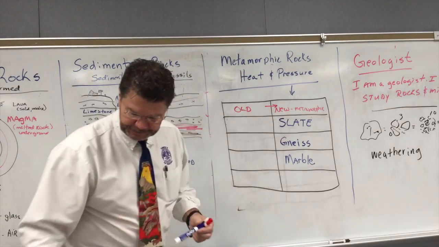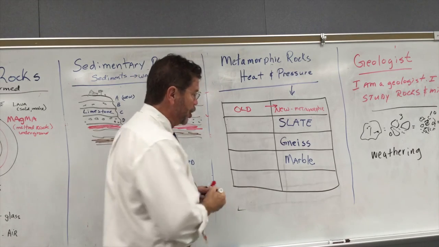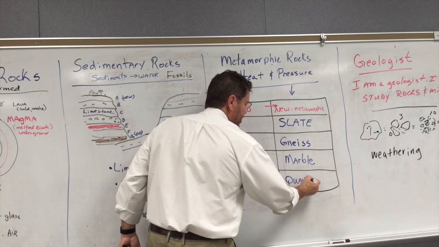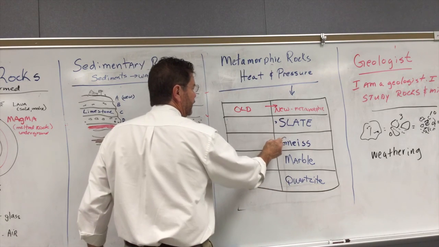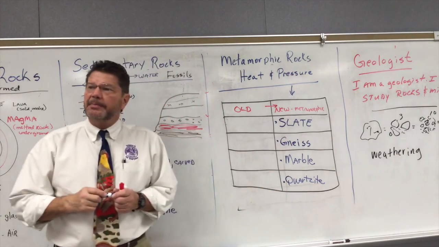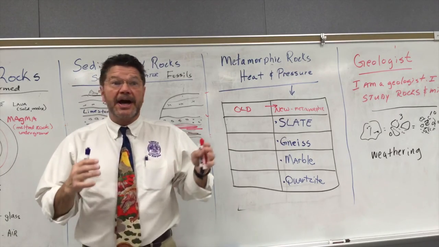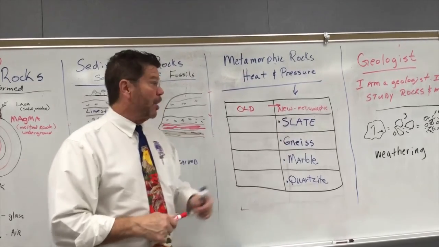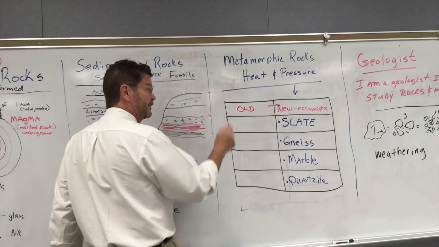And the last one looks like this, and that is quartzite. Q-U-A-R-T-Z-I-T-E. So these are 4 metamorphic rocks that I want you to be able to look at. But what were they before they were metamorphic? They were a different rock that got heated up and squeezed. Okay, so these are metamorphic rocks, slate, gneiss, marble, and quartzite, but they used to be a different type of rock.